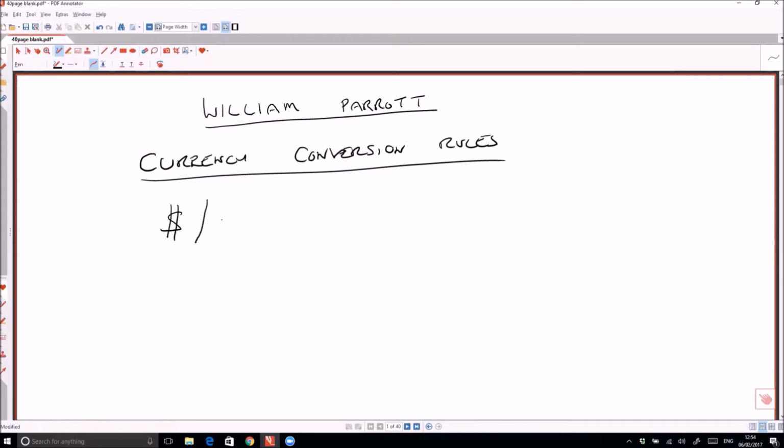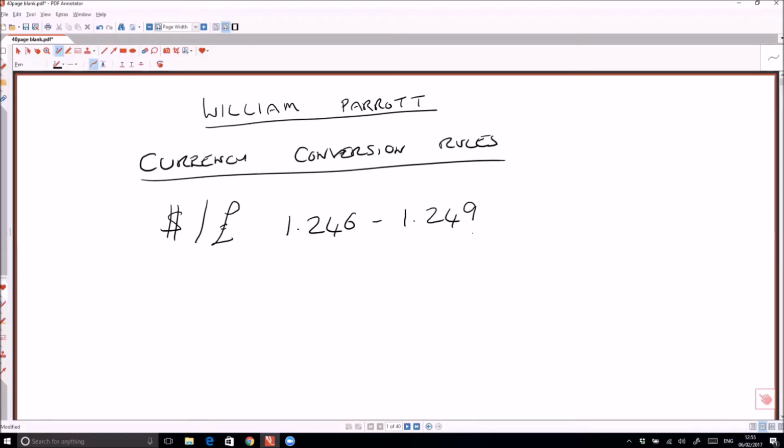It could say dollars to the pound, 1.246 to 1.249. What do we need to be able to do? It's use that currency relationship in order to successfully convert dollars into pounds and pounds into dollars.